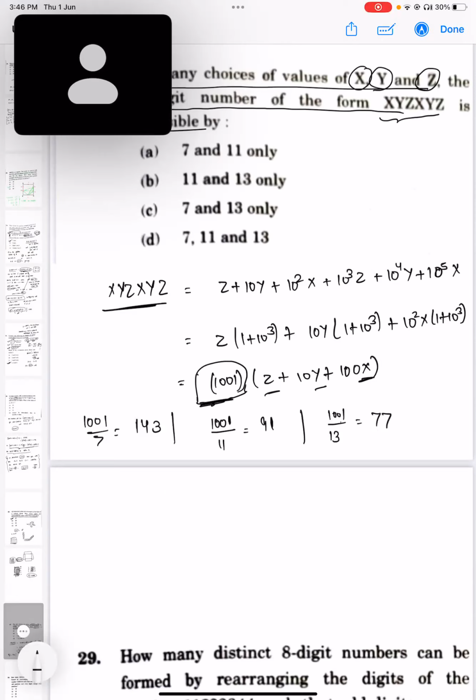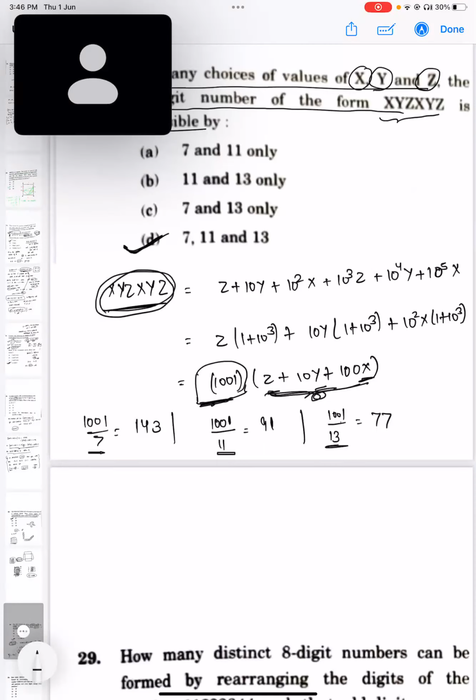Fine. So 7 divides 1001, 11 divides 1001, and 13 divides 1001. So 7, 11, and 13 will divide xyzxyz also for any choice of x, y, z, because this 1001 is independent of these x, y, z. Fine. So the correct option is option D.